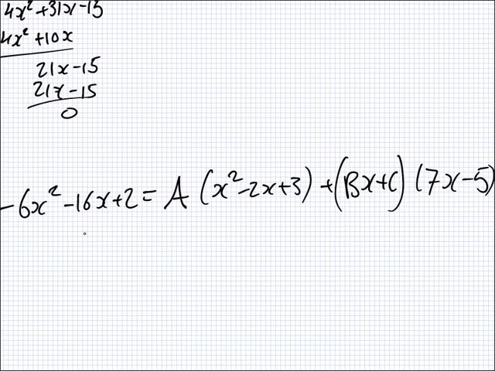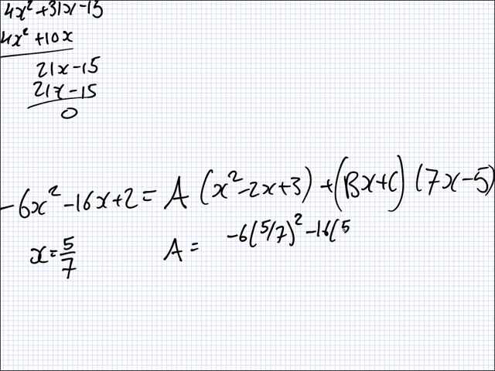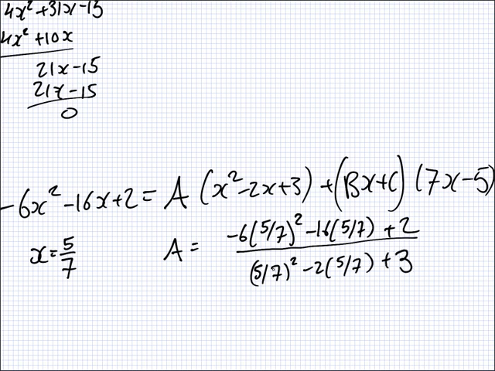Okay, what shall we choose first? I think if we were to choose x equals 5 over 7, that would be quite good because that would give us a. We'd get a equals minus 6 times 5 over 7 squared minus 16 times 5 over 7 plus 2, over 5 over 7 squared minus 2 times 5 over 7 plus 3.